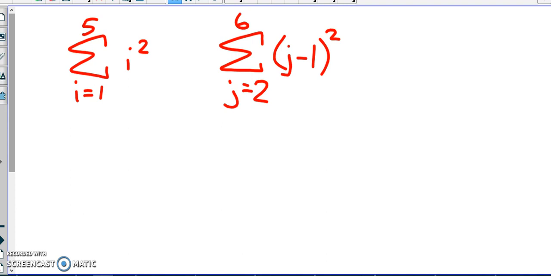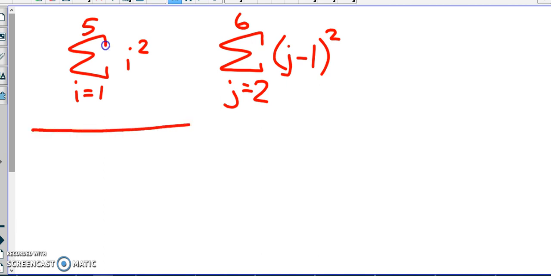Because with j starting at 2, 2 minus 1 is 1, so that would start essentially at 1 squared and stop at 5 squared. So you can write these in different ways, depending.